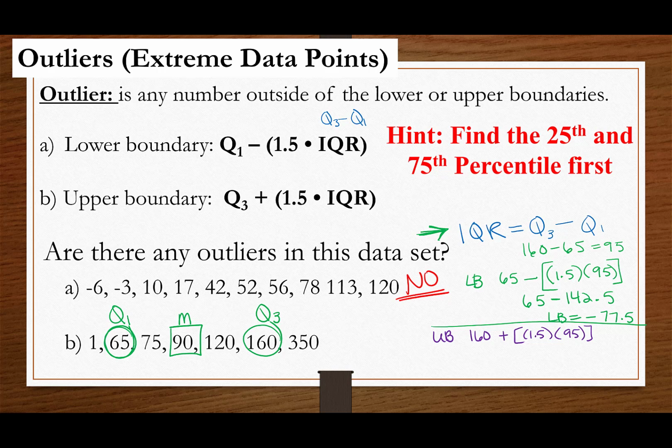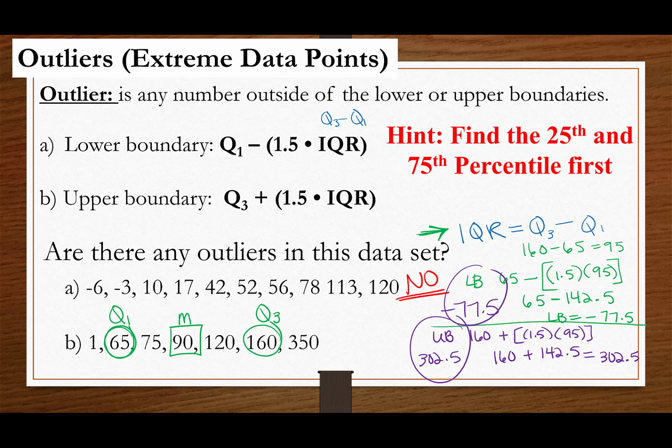From the previous problem, we already know that when you multiply 1.5 times 95, it's 142.5. So now we'll just add that value to quartile 3, and that gives us an upper boundary of 302.5. Okay, so to review, we have a lower boundary of negative 77.5, and an upper boundary we just found was 302.5.